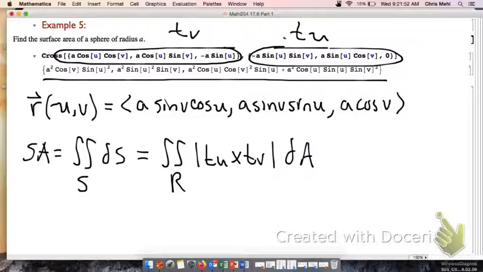Okay. Now, this right here that I've underlined, this is Tv crossed with Tu. So not only do you find the cross product, but you'd actually have to find the magnitude of that.